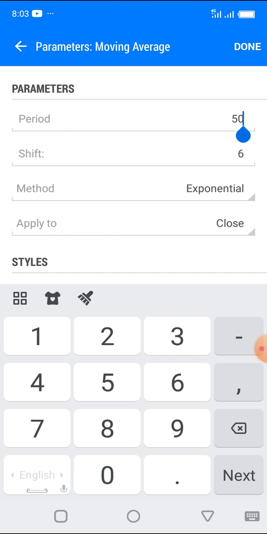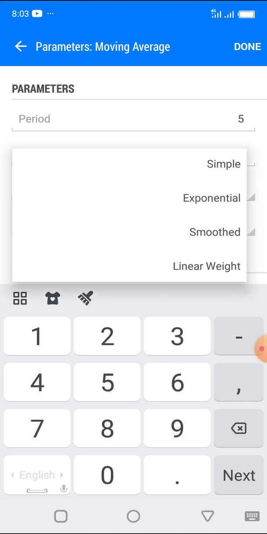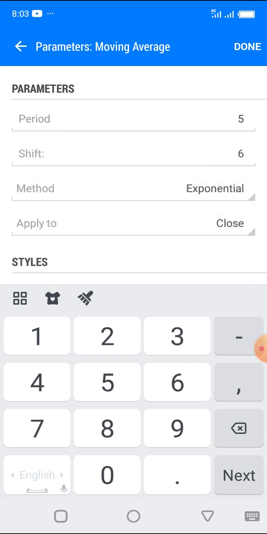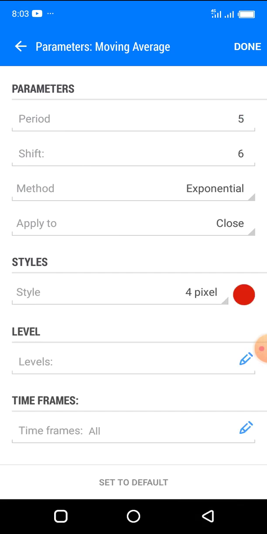You choose a period of 5. You leave the shift at 6. Remember, it is exponential and not simple and not smoothed and not linear weight. It is exponential as it is right here. Then apply to close.